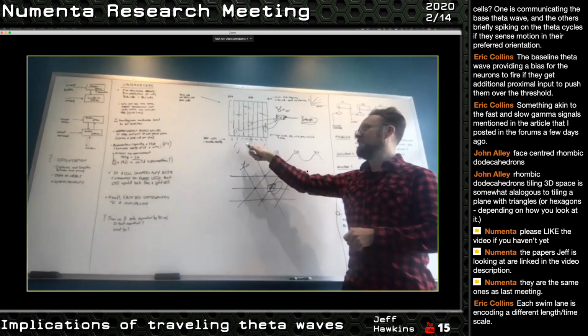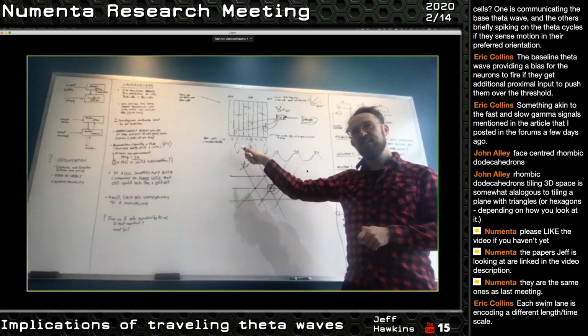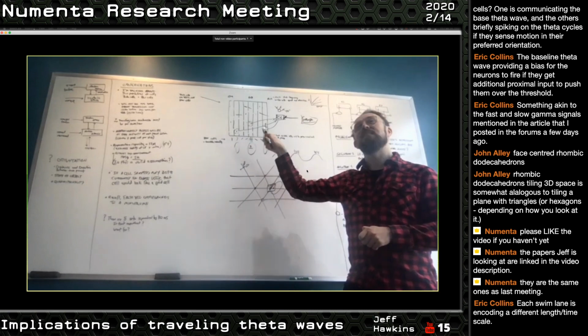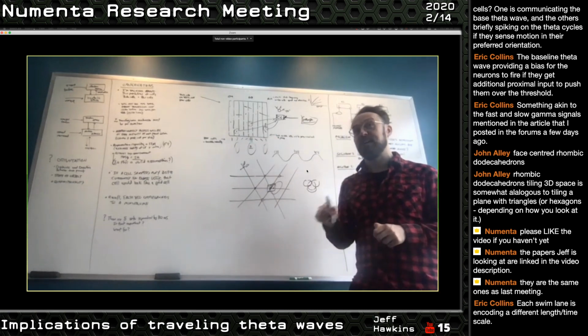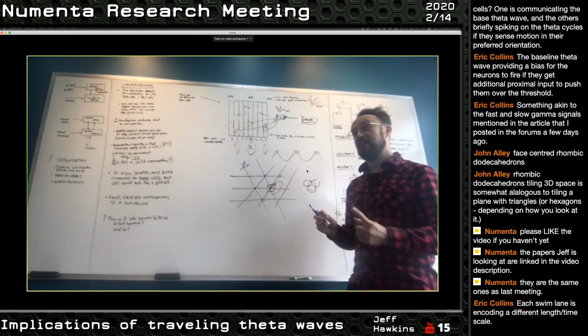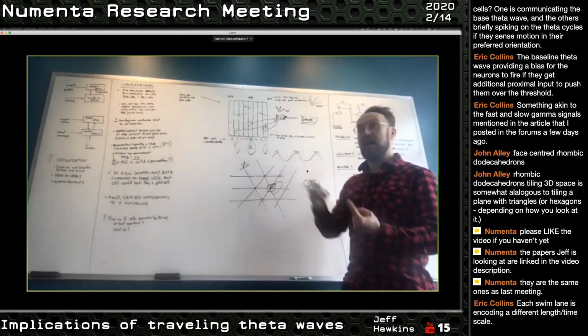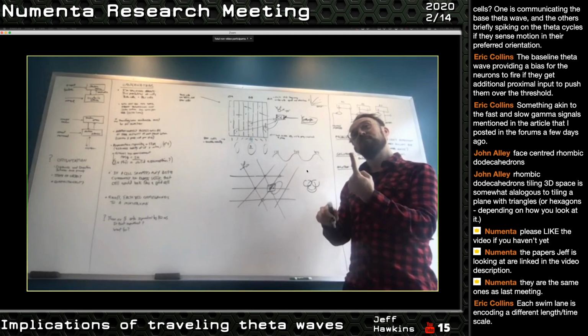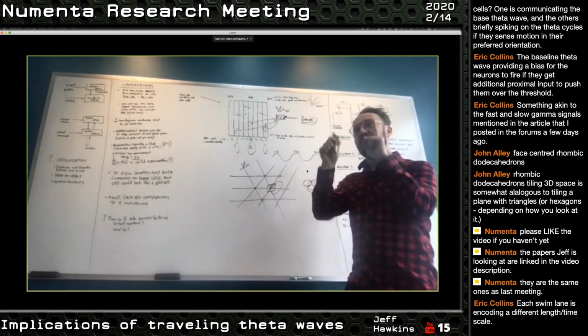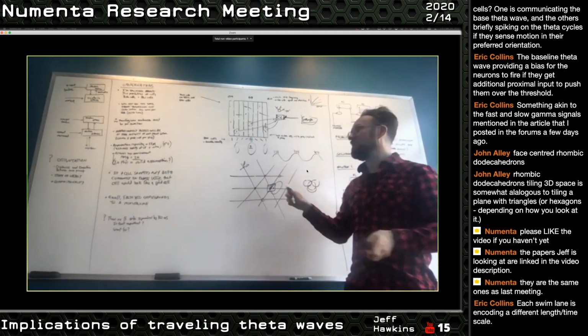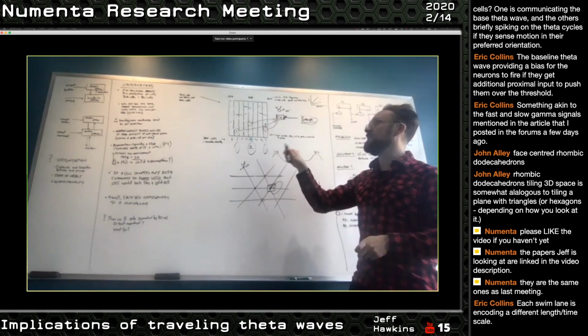In this case, it would only be 3. But that's not a problem because the hybrid model also says that the oscillator in a direction and the opposite direction, when you have all 6, need to be in phase. The cool thing about the swim lane model is that this is guaranteed.